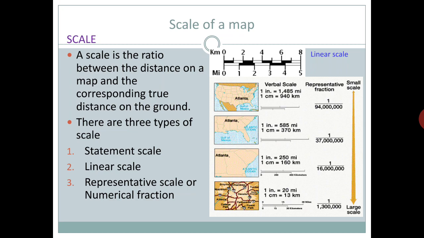For example, 1 by 25 lakhs. This means that 1 centimeter on the map represents 25 lakh centimeters on the ground. It is represented in the same unit. Remember, it is representative fraction.